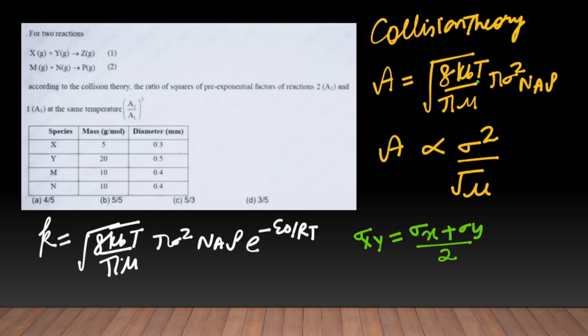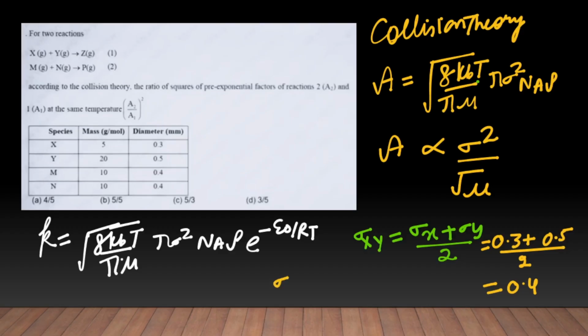Now the diameter values have been given to us in the table, so what we need is the radius value, but for that we divide by the factor of 2. So sigma for x is given to us as 0.3. For y, it is given as 0.5 upon 2, which we get as 0.4, right?